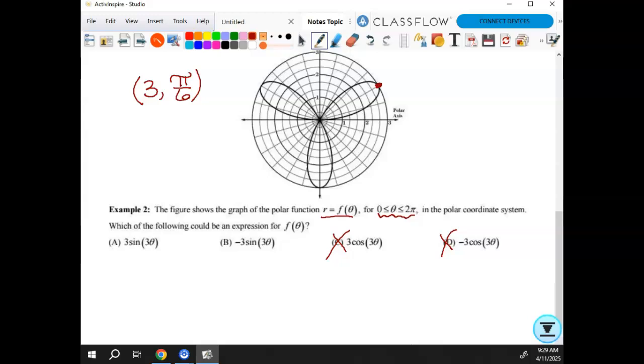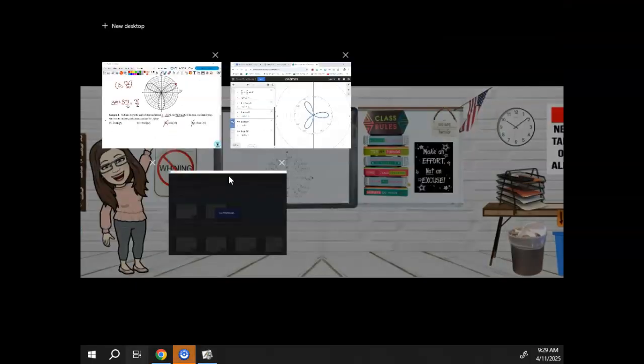So when I substitute this pi 6 in here, I have to multiply it by 3 because it's 3 theta, right? So I'm going to go ahead and figure out what 3 theta is. That's going to be 3 times pi 6, and what's that going to give me? Pi halves. So really, I'm evaluating at pi halves. Makes sense? Instead of me multiplying each time.